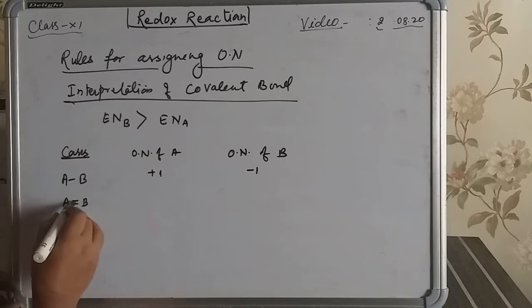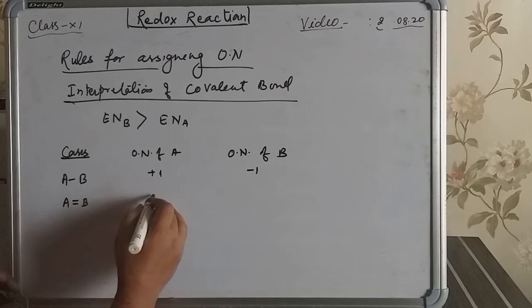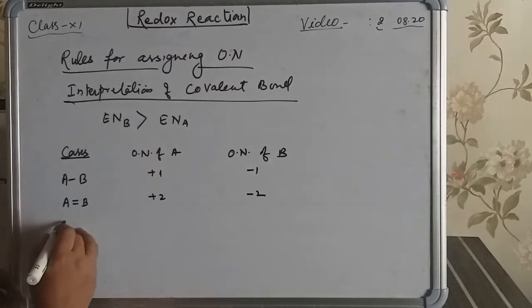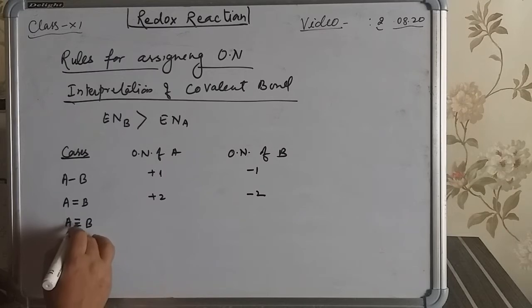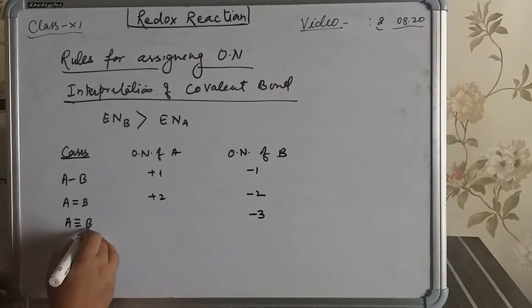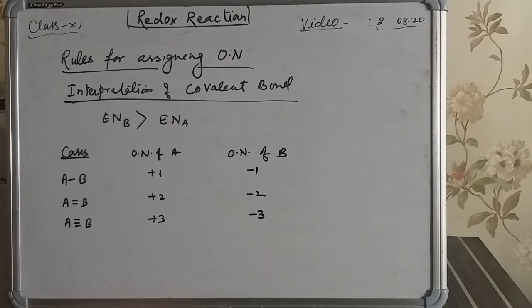In that condition, 2 electrons are shared between these species. Which one will be more electronegative? Both the electrons are assigned to B in the form of charge, so A acquires +2 and B acquires -2. If A forms a triple bond with B, similarly 3 electrons are shared between them, so -3 is acquired on B because B is more electronegative, and +3 is acquired on A.